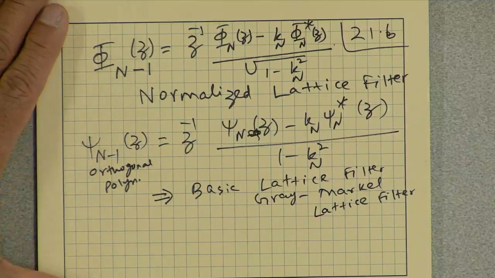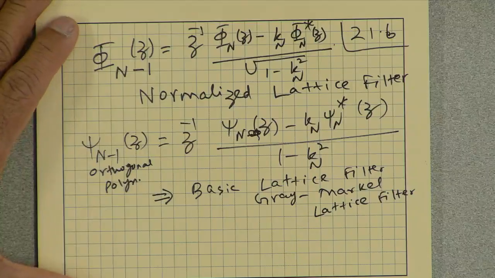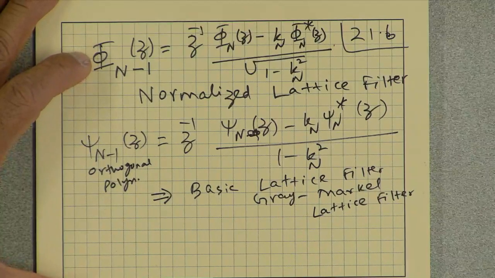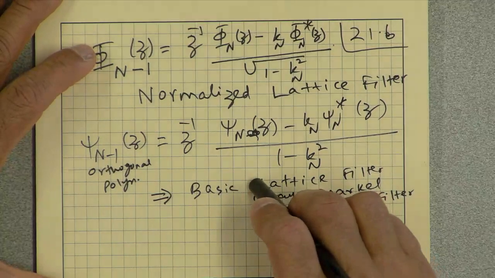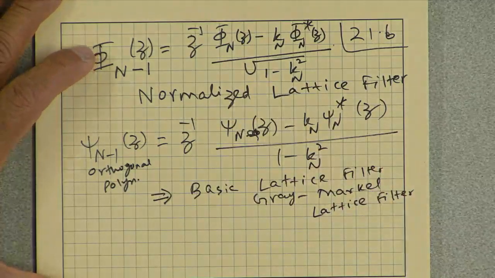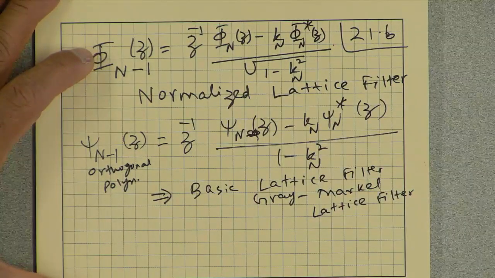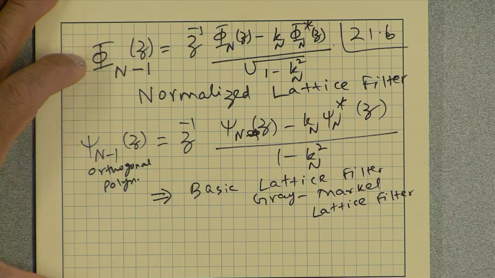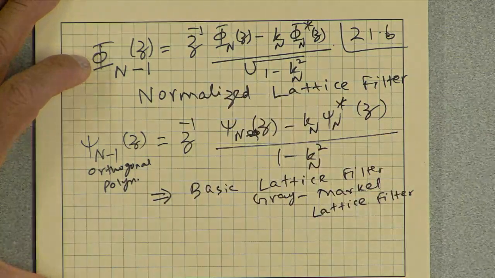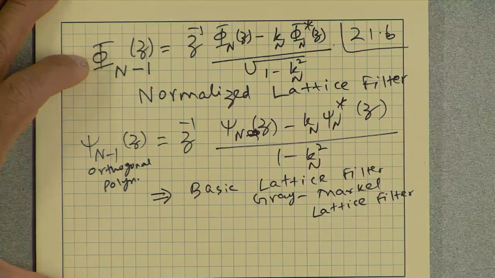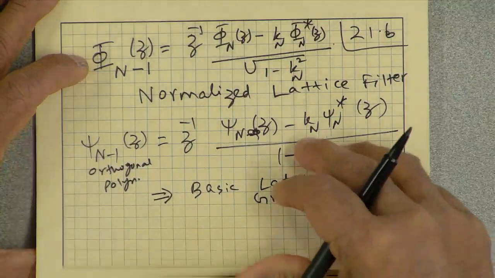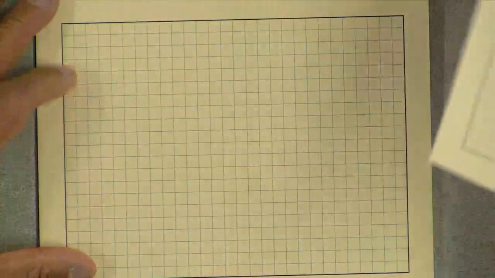If you compute the K matrix and take the diagonal values Kii, take the square root of those and construct the transformation matrix T, and then apply that to the basic lattice, then you go back to the normalized lattice. We won't spend a lot more time on this, but these are all related. There is the theory of linear transformation, so both of these structures are related to each other by a linear transformation. Okay, so let's start with the derivation of the basic lattice filter.